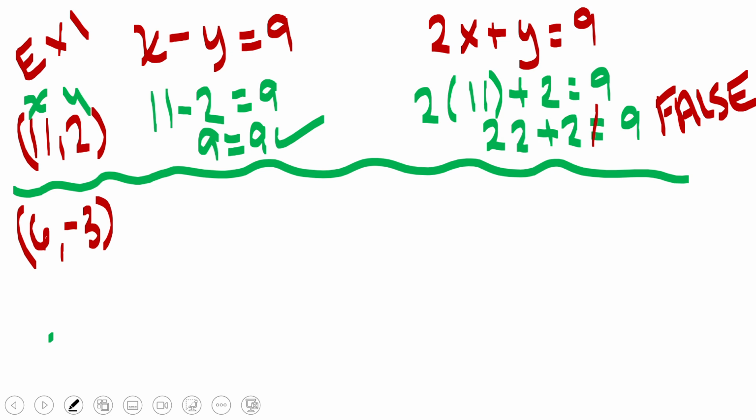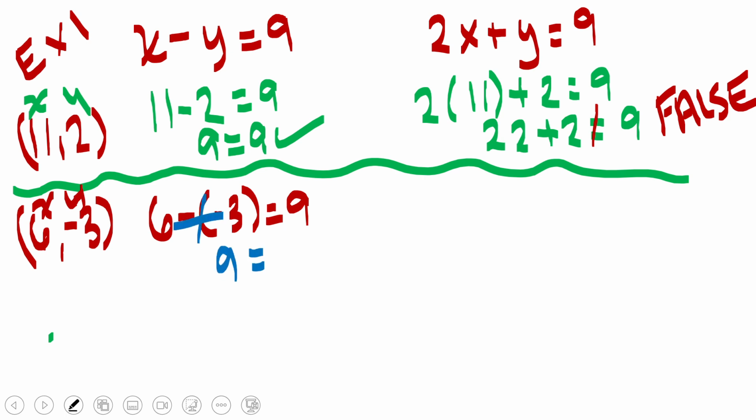Alright, (6, -3). Everywhere I see an x, I'm going to plug in 6. Everywhere I see y, I'm going to plug in negative 3. So 6 minus a negative 3 for y equals 9. Minus a minus is plus. 6 plus 3 is 9.